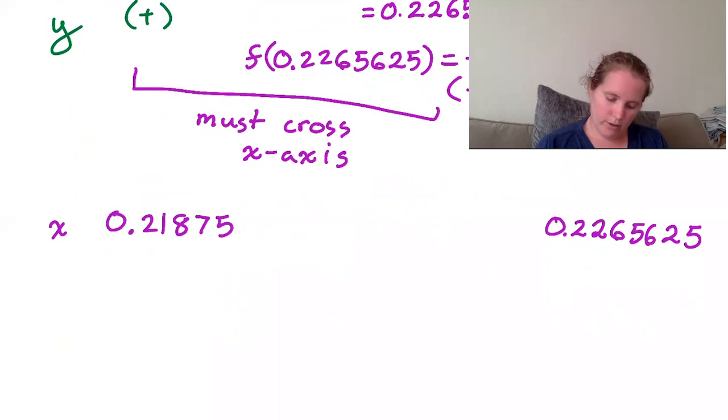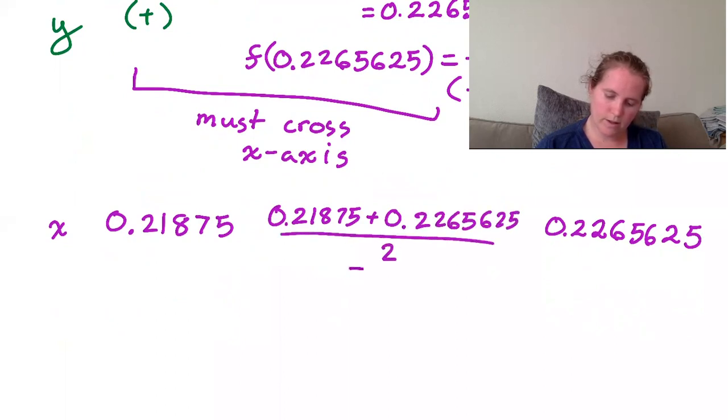But for now, if we just check, so if we find our midpoint, we have 0.21875 plus 0.2265625 divided by 2. And we are looking at 0.22265625.